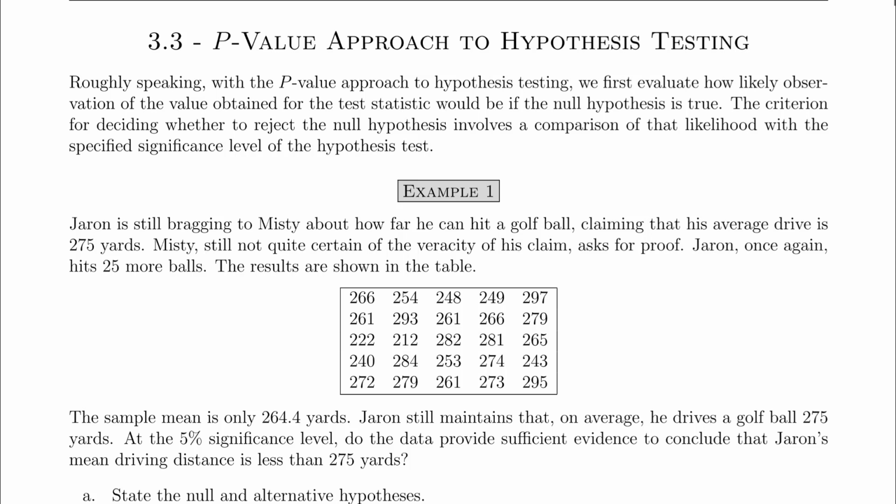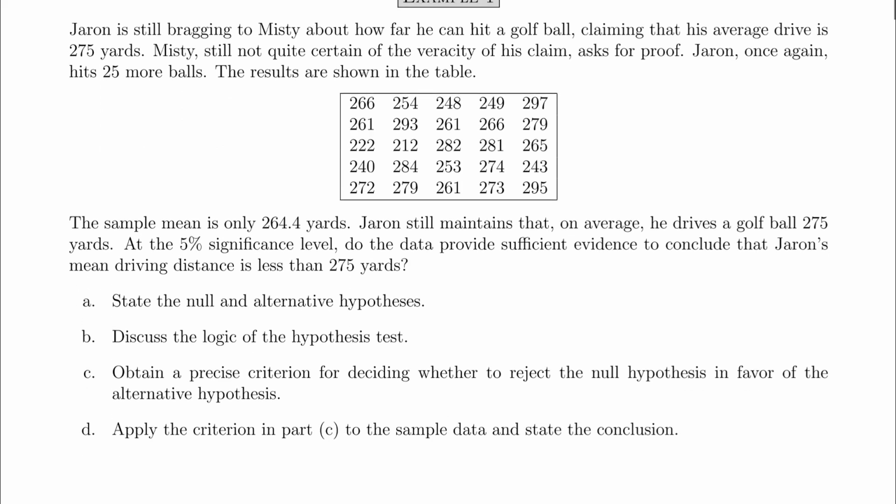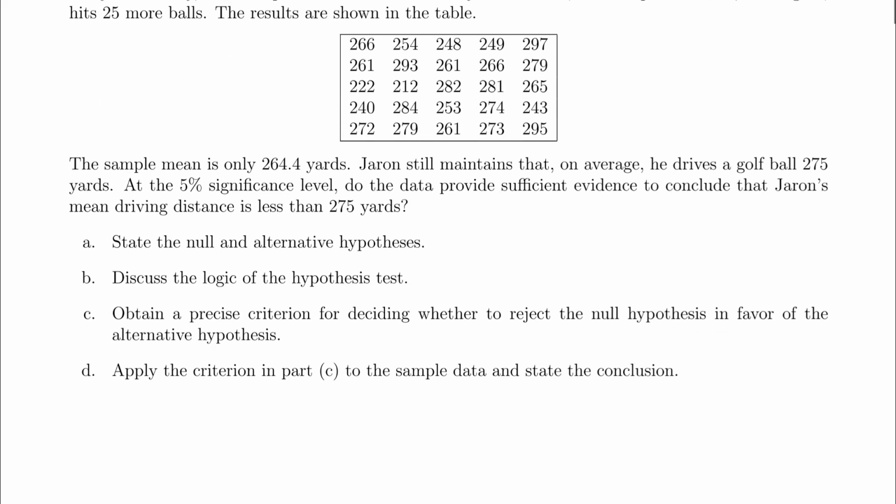So the sample mean's still the same. It's 264.4 yards. But Jaron is still insistent that he does drive the golf ball 275 yards. So at the 5% significance level, do the data provide sufficient evidence to conclude that Jaron's mean driving distance is less than 275 yards? So that would be Misty's claim.